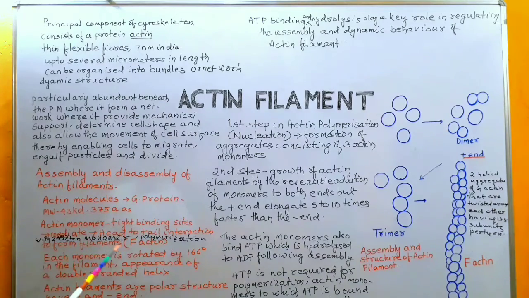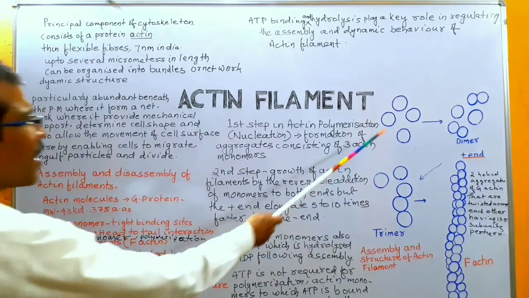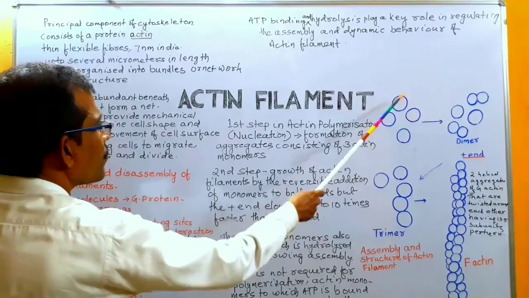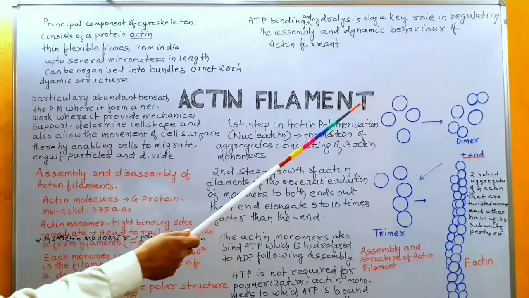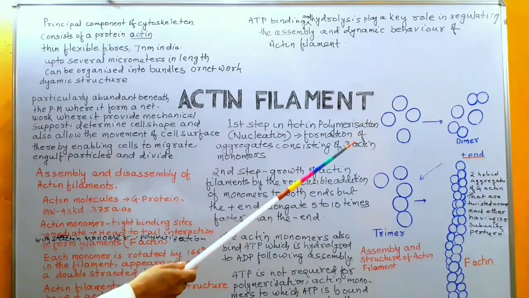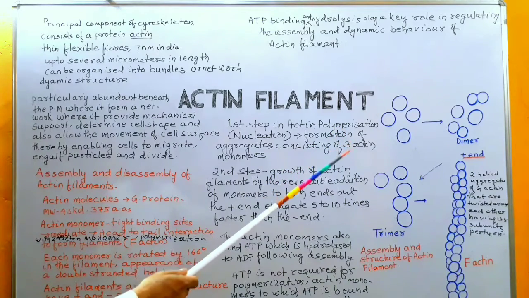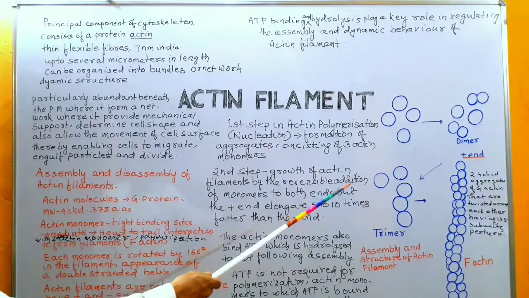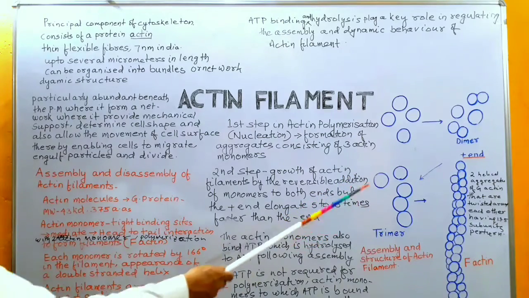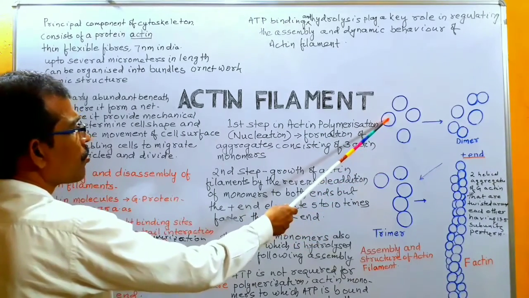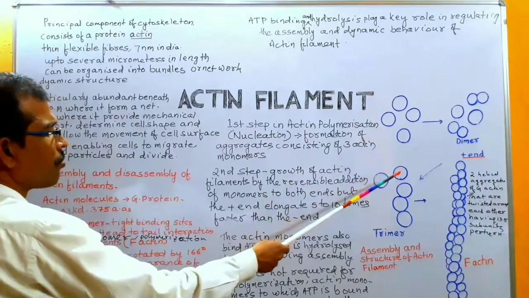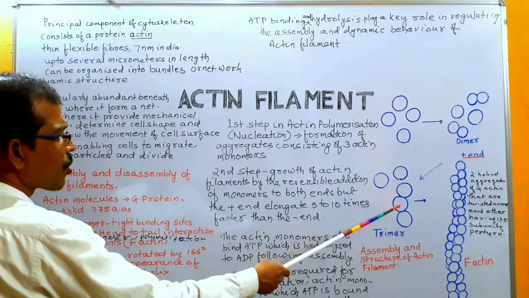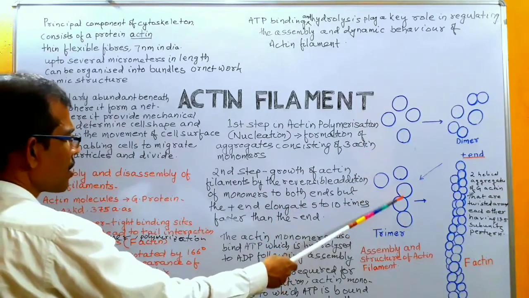The actin monomers have tight binding sites that mediate head-to-tail interaction with two other actin monomers. This binding leads to the process of polymerization.